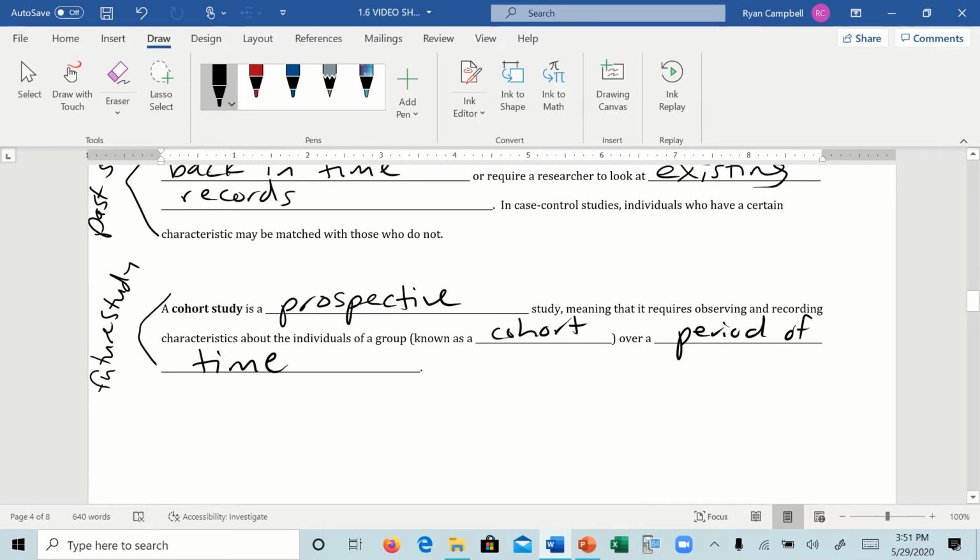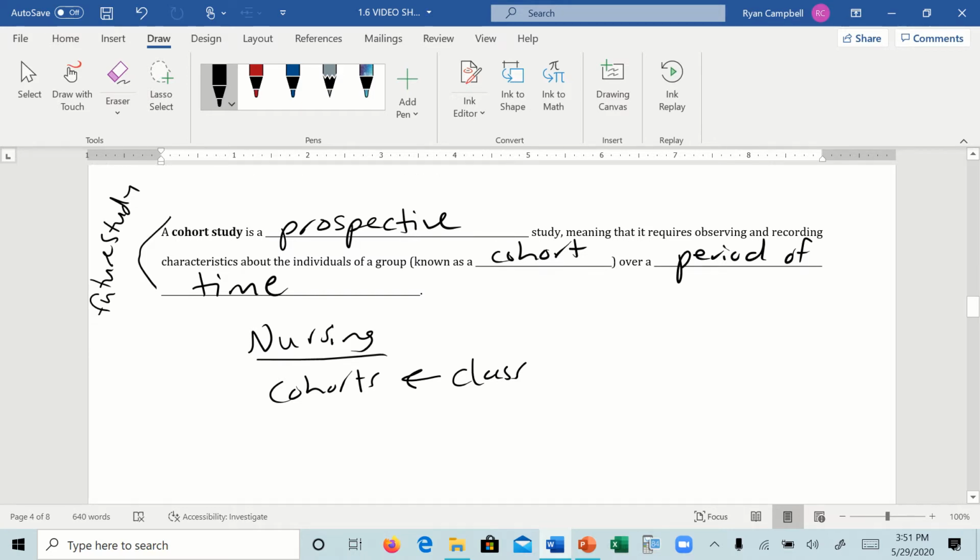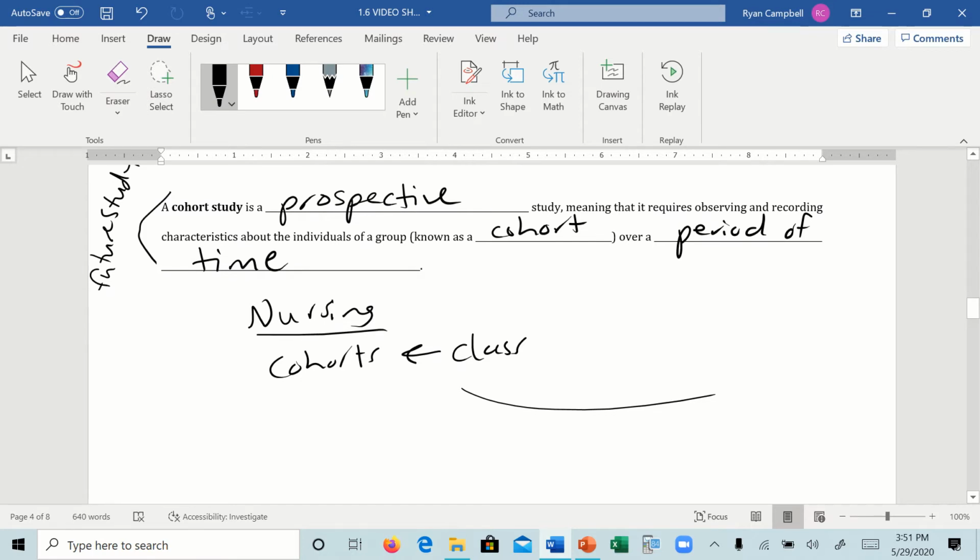So for instance, a lot of nursing students or medical students you'll hear are in cohorts. This is essentially their class, right? So first year, second years, third years, and they're kind of together throughout their time in school over that period of time.